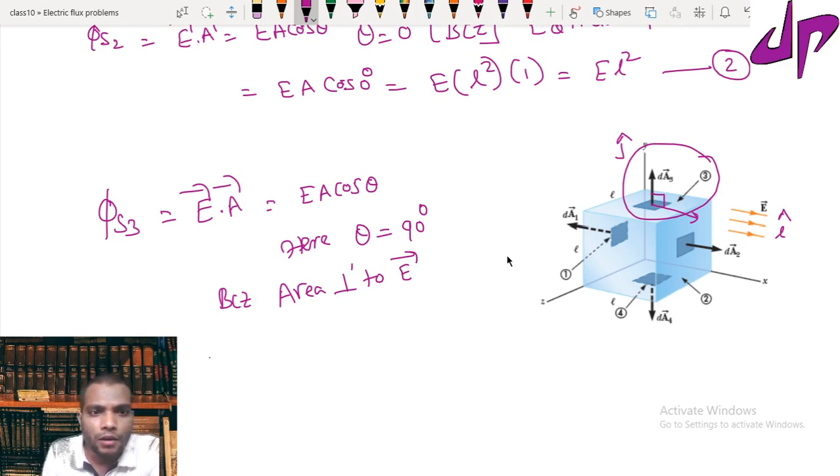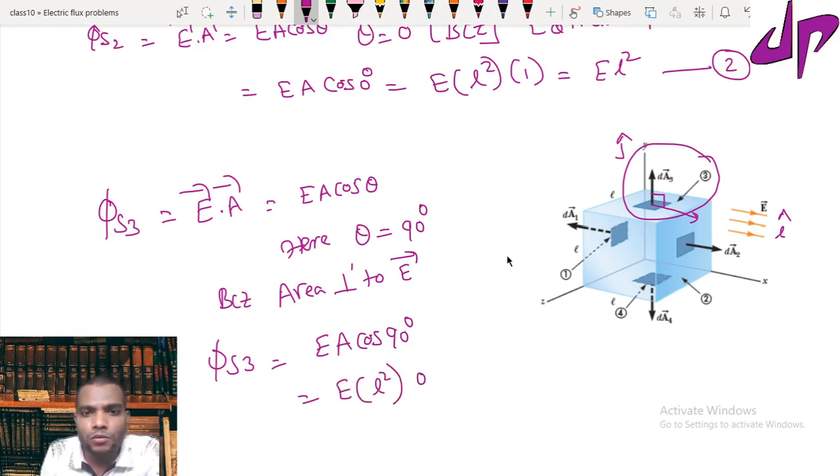Now, what is the flux through the third surface? Equal to E times A cos 90 degrees. So area L into L, L square, cos 90 value 0, so the total value becomes 0. So the flux through surface 3 goes to 0.